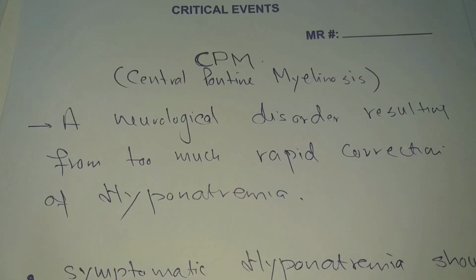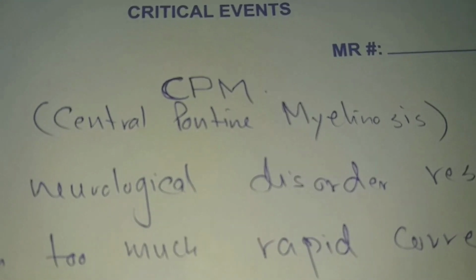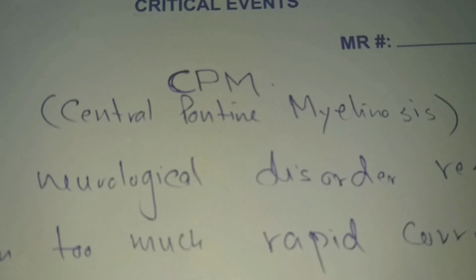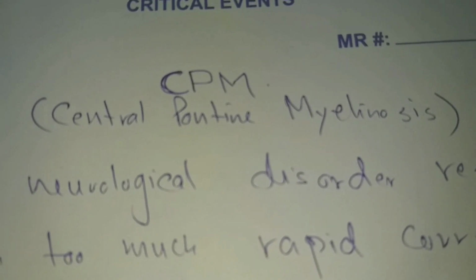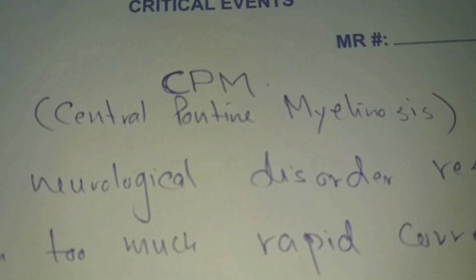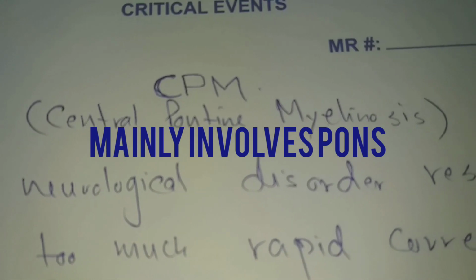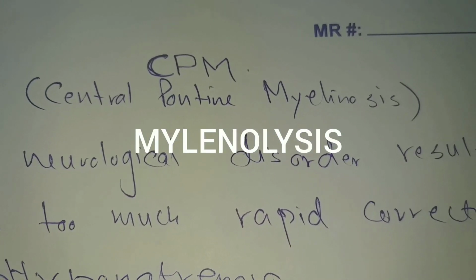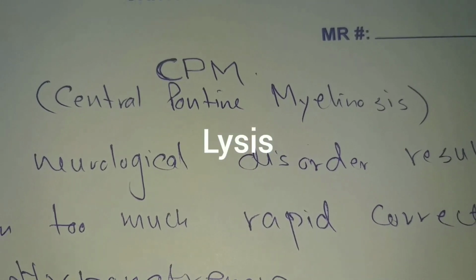So what is the definition of the CPM, or central pontine myelinolysis? Now if you concentrate on the name of the problem, this is central in its location, and it involves the pons most of the time, and there is a myelinolysis. Myelinolysis means there is a lysis or breakage of the myelin sheath.